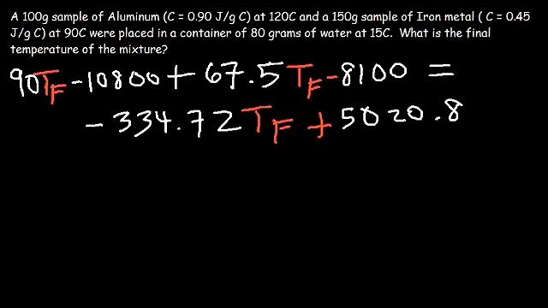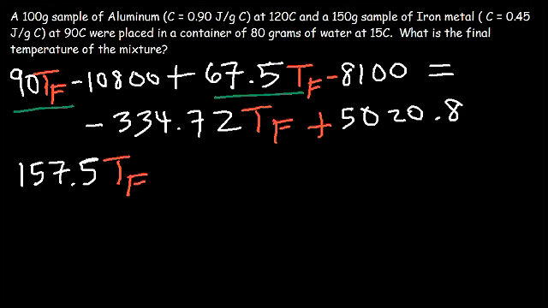So let's combine like terms on the left side. So 90 plus 67.5, that's 157.5 TF. And then let's combine negative 10,800 with negative 8,100.